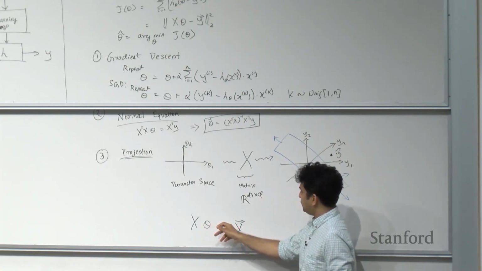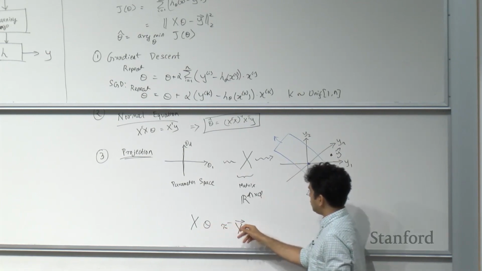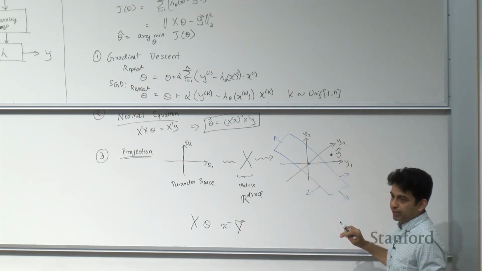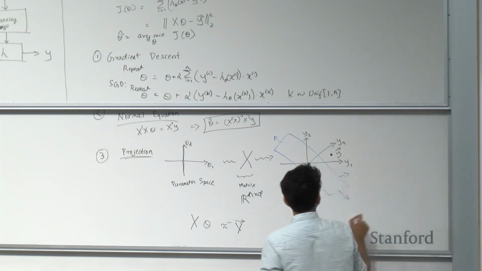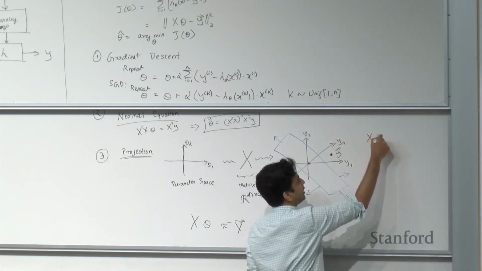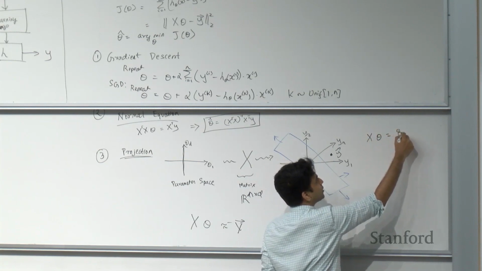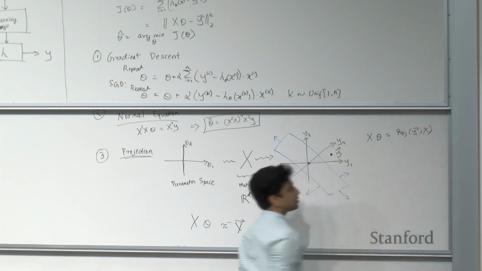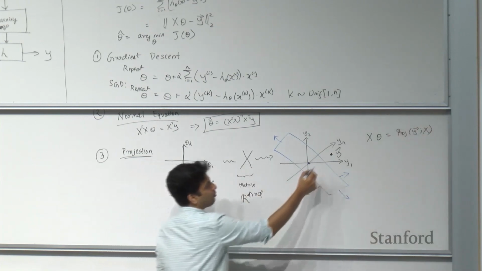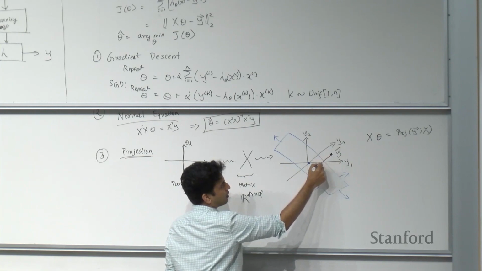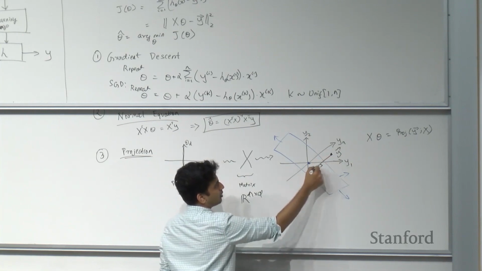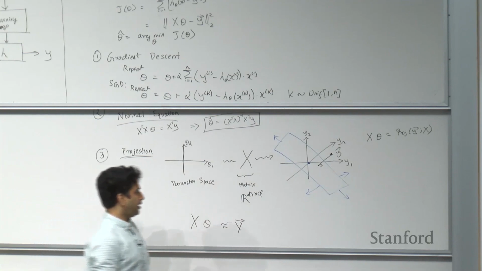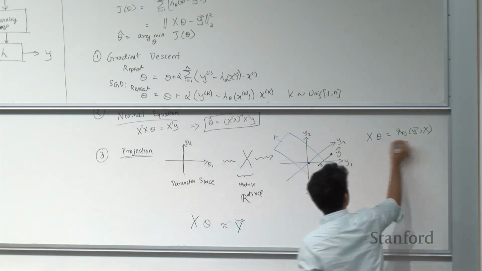X theta cannot always be exactly equal to y, because y can reside outside the range of X. So instead what we do is solve X theta equals the projection of y onto the range of X. Instead, we project y onto the subspace spanned by X, and then solve X theta equals the projection.